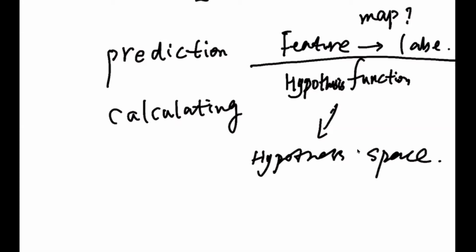Then it's not a prediction problem. It's just a calculating problem. So we should make it clear what kind of problem is prediction. You're trying to find this optimal function, which you don't know before the learning, before the training of the model.